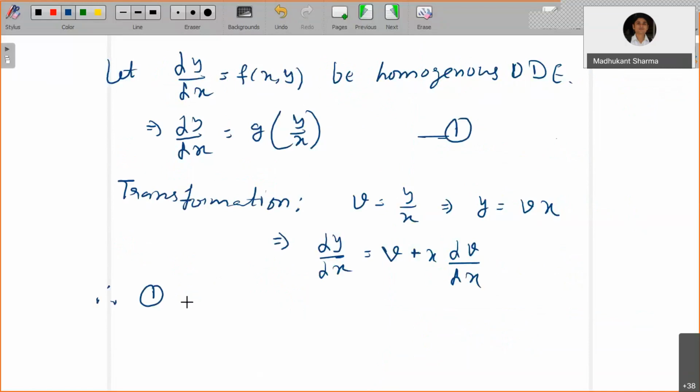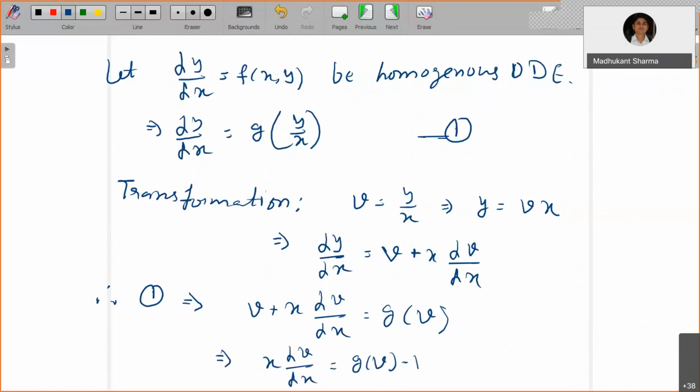So equation 1 gives v plus x times dv by dx equals g of v. Now this implies x times dv by dx equals g of v minus v. Again, this is purely a function of v, so I can replace it by some function h of v, and you can use the variable separable method now.